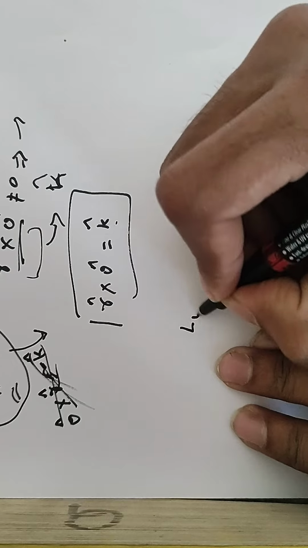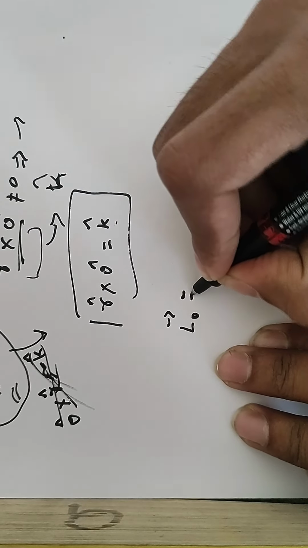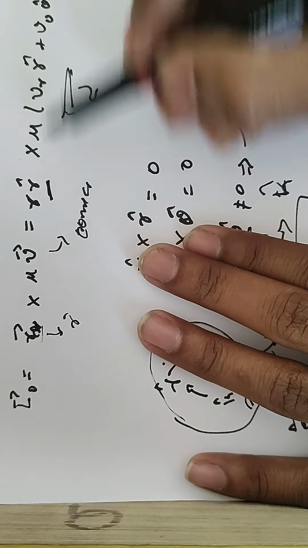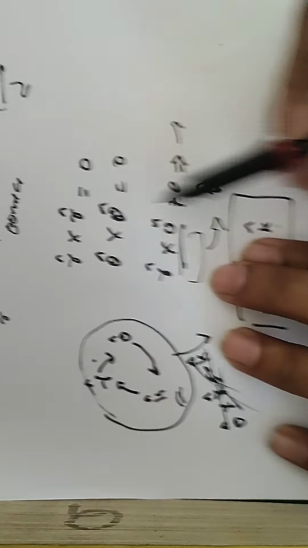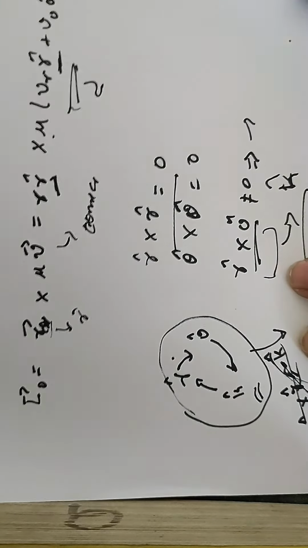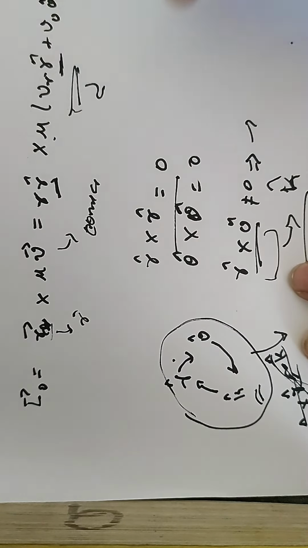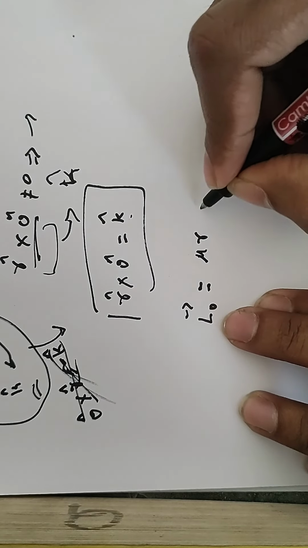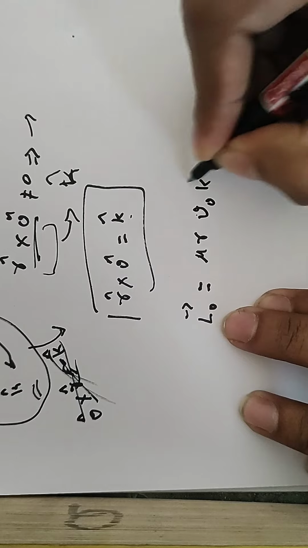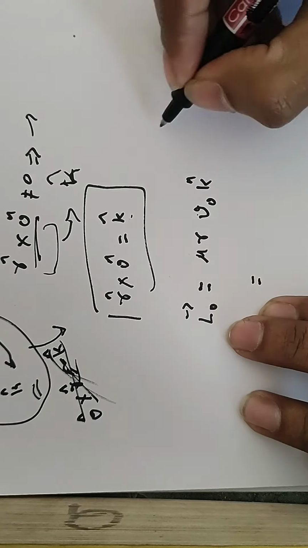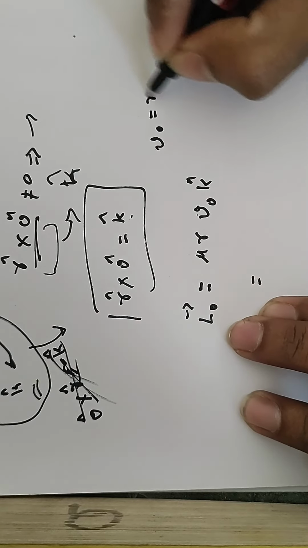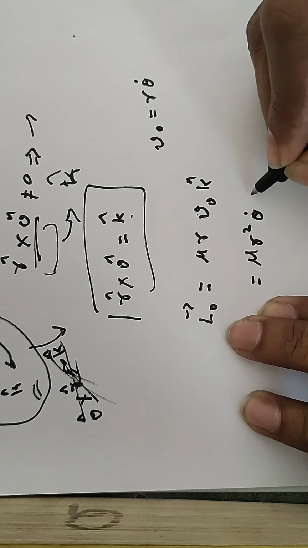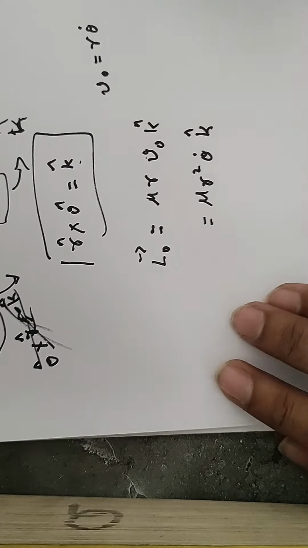So I write my angular momentum equation as follows. The first term vanishes because r cap cross r cap results in 0. So I have mu r theta k cap, and I know my theta component of velocity is r theta dot. So mu r square theta dot k cap.